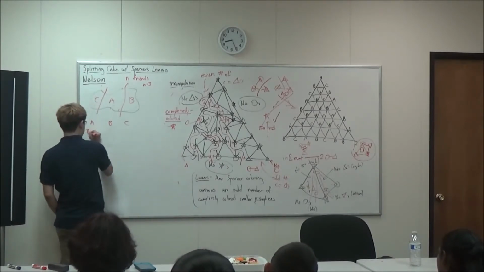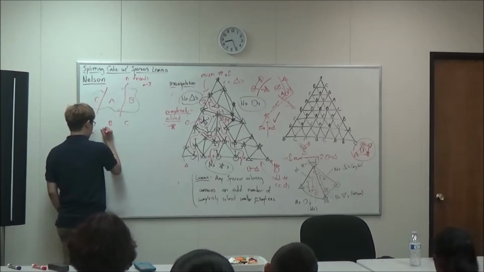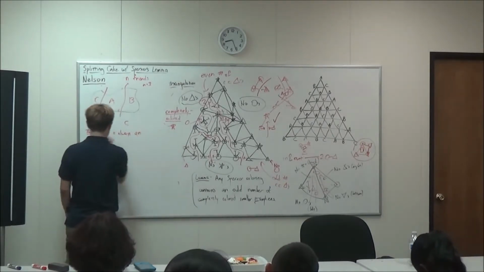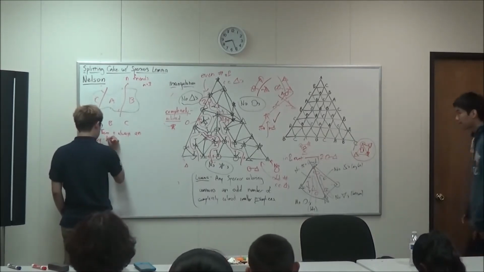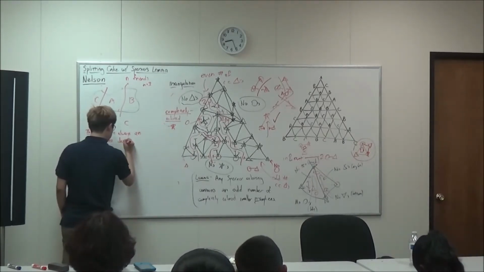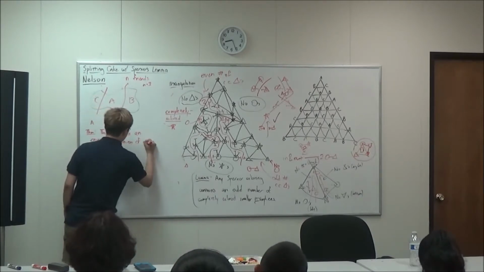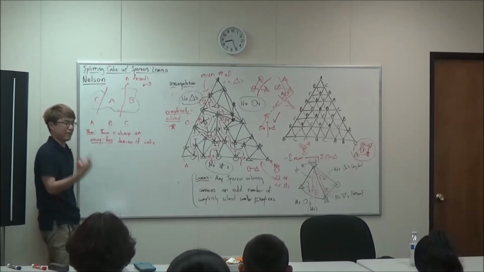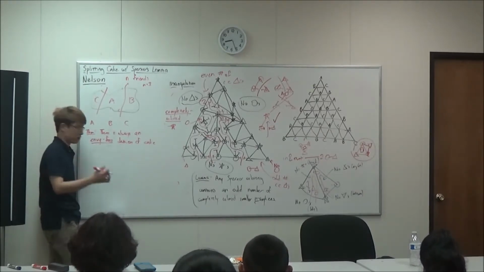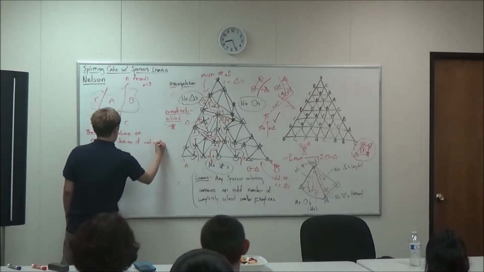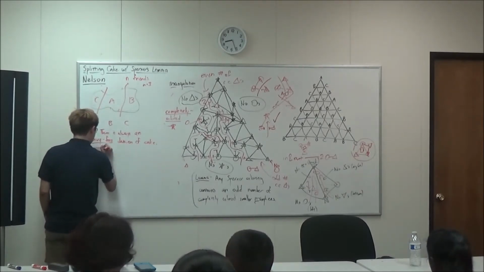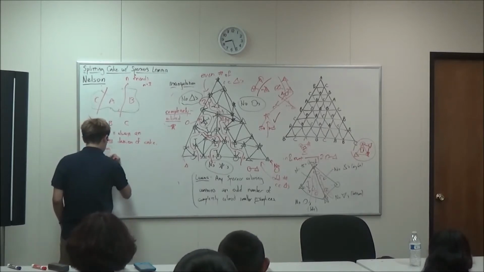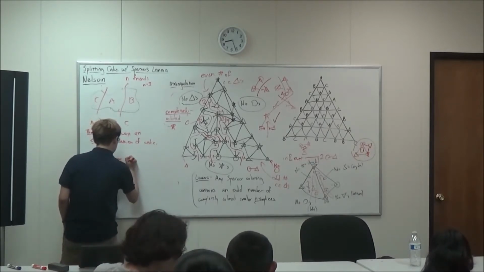So, theorem: there is always an envy-free division of any resource, any positive resource really. Envy-free, and by envy-free I mean no one is envious of each other. No one is jealous of another person's piece. Assuming 2 things. 1, everyone is hungry.